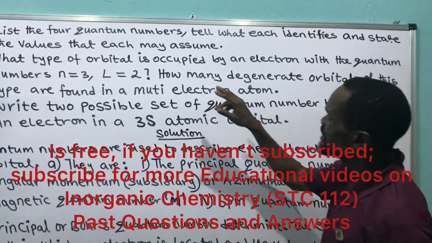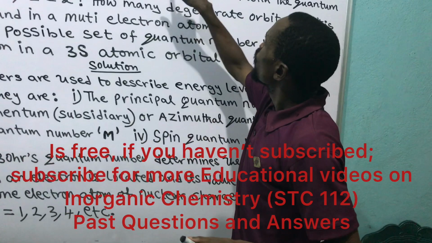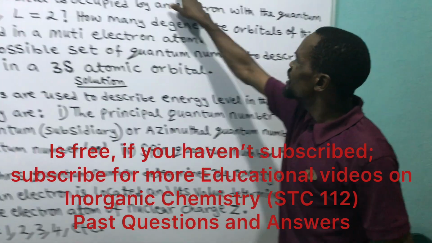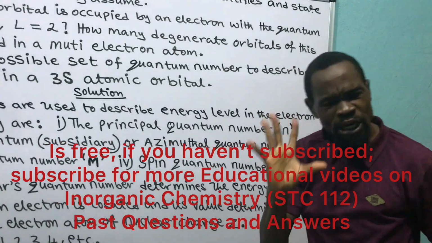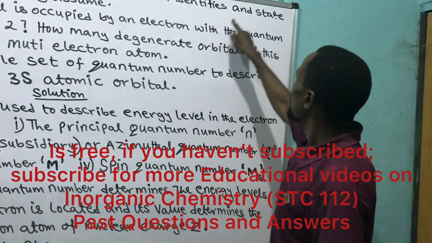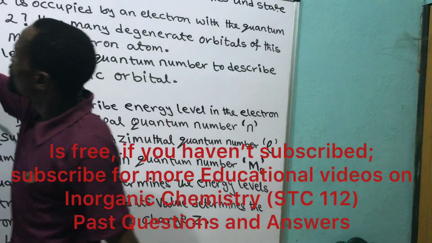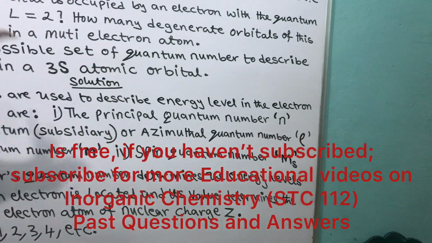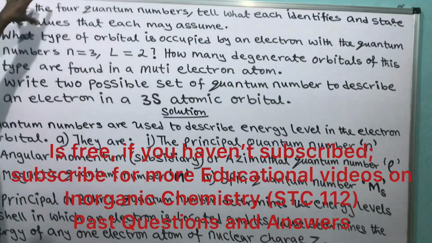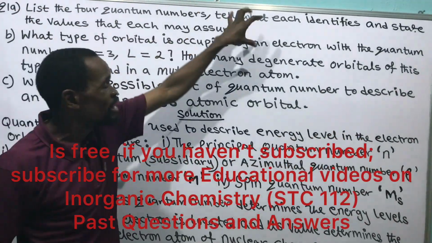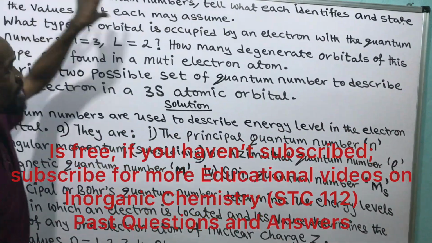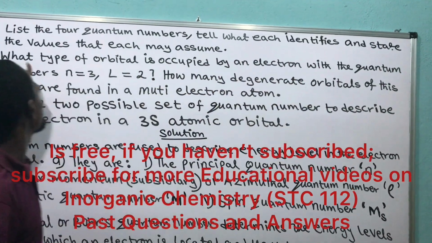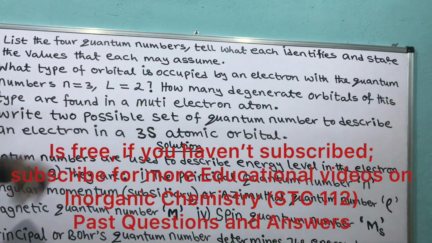After you have listed them, tell what each identifies, and state the values that each may assume. That's 3 questions in one: listing the quantum numbers, telling what each identifies, and stating the values that each may assume.